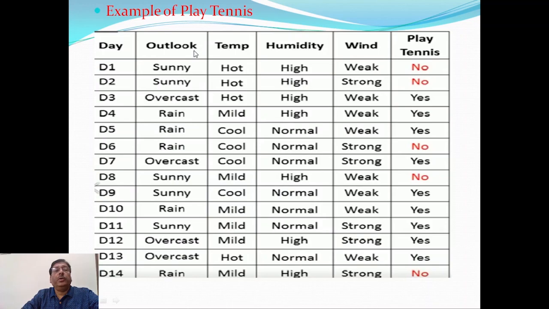So for an attribute called outlook, you have sunny, overcast, rain, and so on. If there is randomness in the values over here, then it becomes difficult to predict an output. So we need to find the entropy for the attribute called outlook, entropy for temperature, entropy for humidity, and entropy for wind.